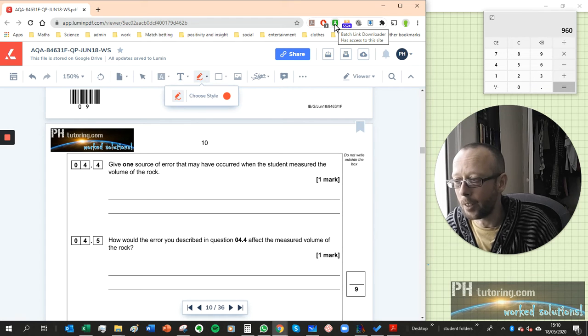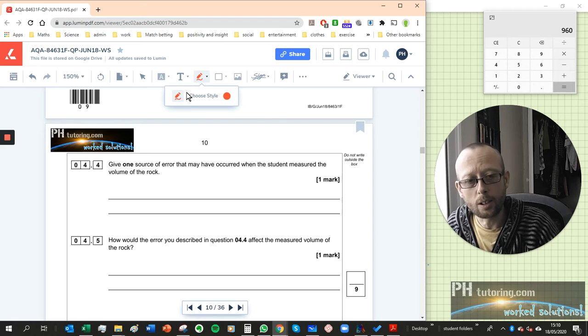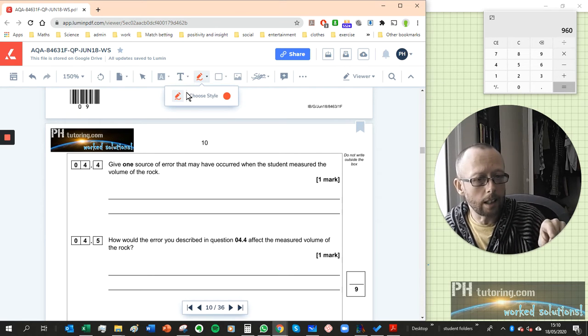There are a number of other things that I talked about to make sure that you do. So you could have also talked about the water sloshing about in the Eureka can or in the measuring cylinder. So when you're reading it, it's not settled, so that's not going to be clear. What else? Maybe the rock is not completely submerged in the water. So you fill up the water, but you haven't put enough water in originally.